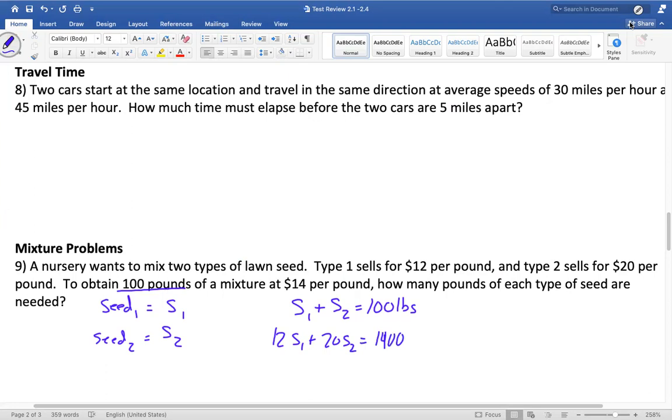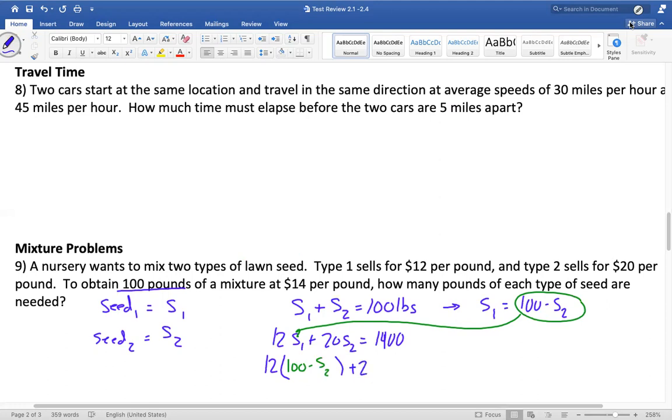Now, what I like to do here is rewrite that one: S1 equals 100 minus S2. I'm going to plug it in right there. So I get 12 times 100 minus S2, plus 20 S2 equals 1,400.